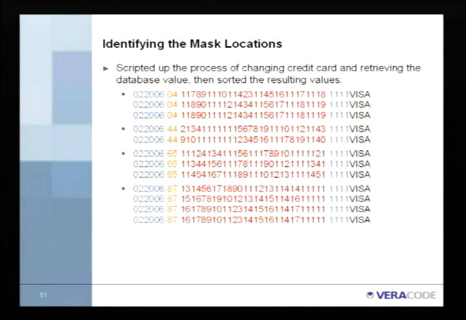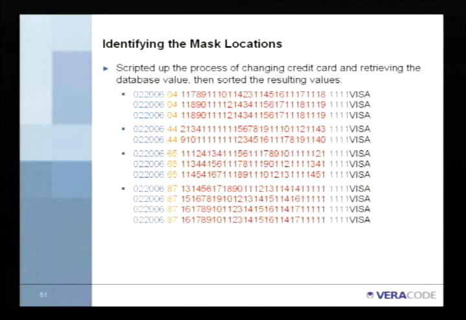So we scripted up the credit card number changing operation and retrieving the value from the database, and did that a few hundred times. Upon looking at the data more closely, we saw some patterns related to the 2 characters coming right after the expiration date.